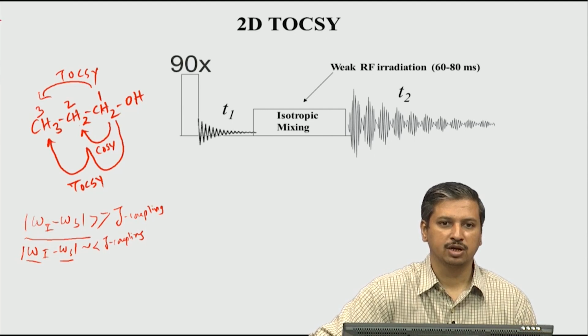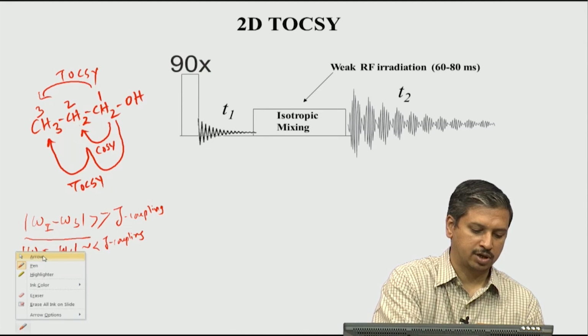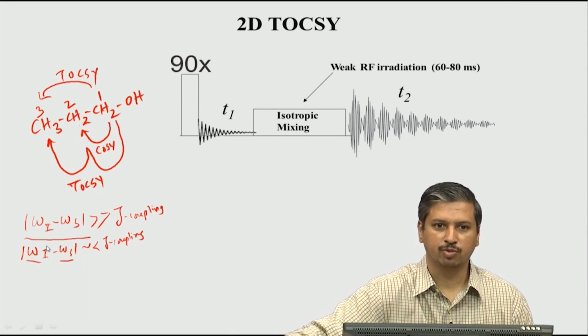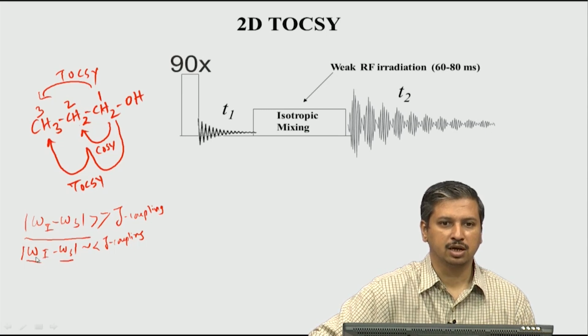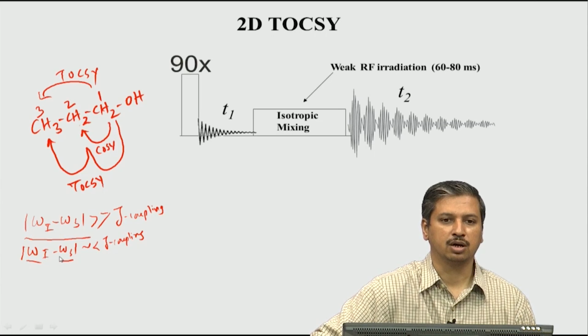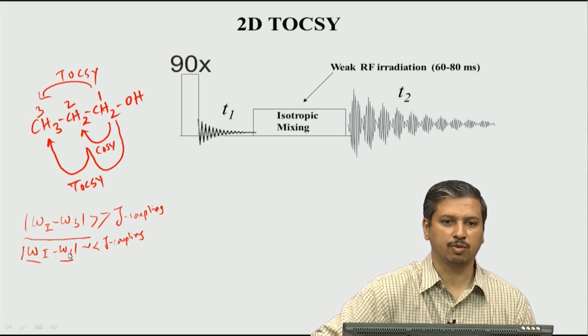When can this happen? For example, when the chemical shift difference is almost 0. Let us take one spin at 7 ppm, the other at 7.001 ppm.